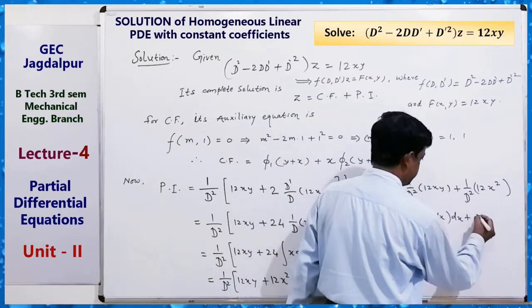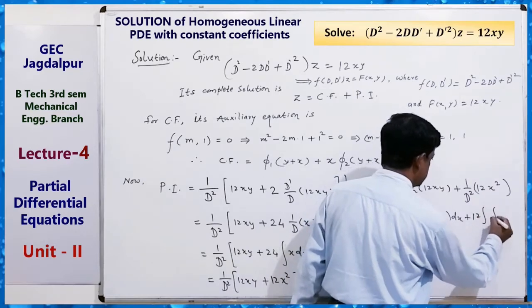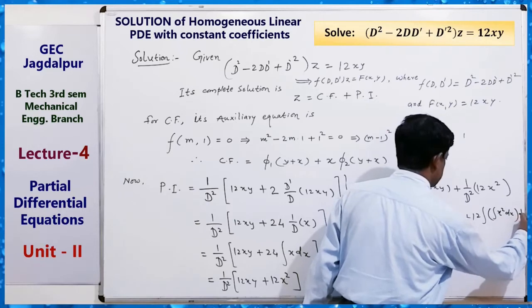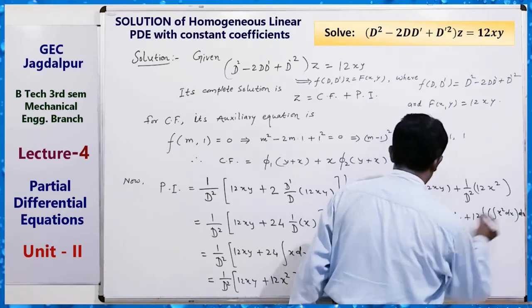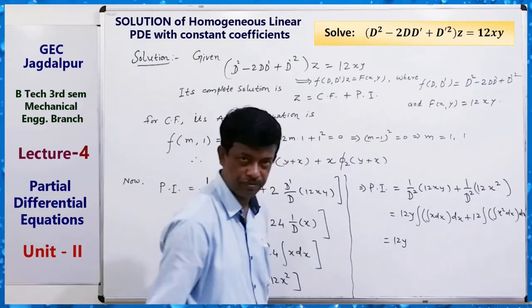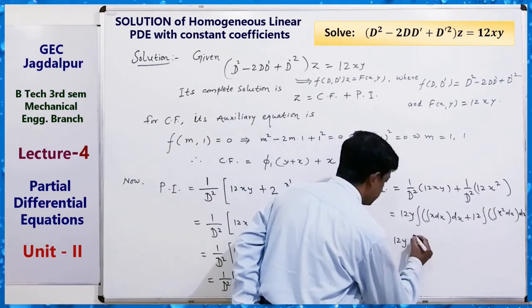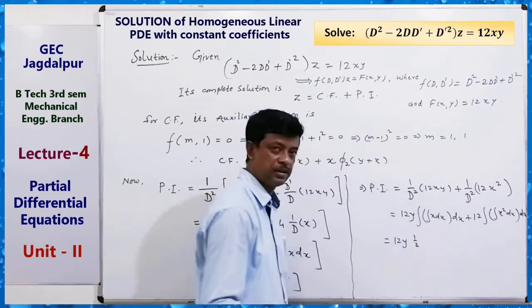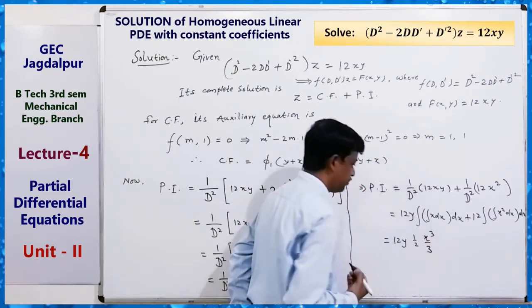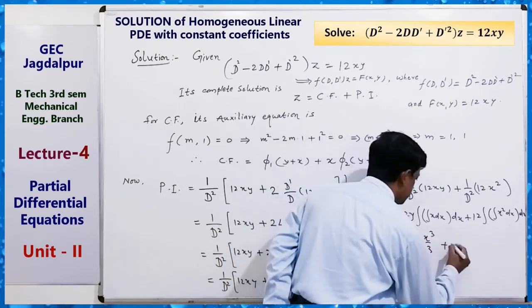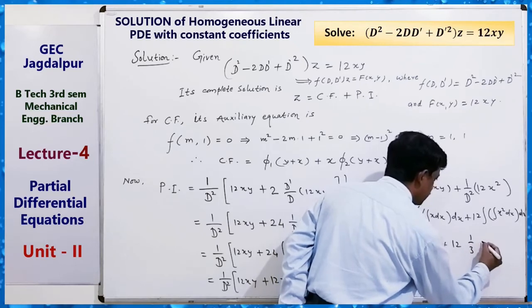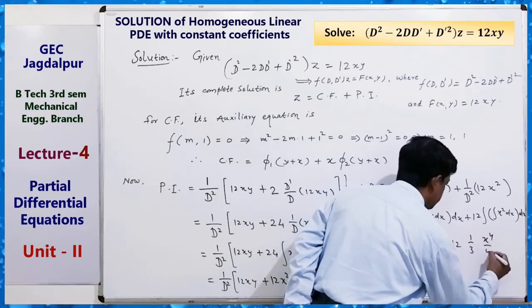But here also 12 integration of x² dx, also integration. Okay, so we can write like this 12y, here x²/2, then x³/3, plus 12 x³/3 and x⁴/4.